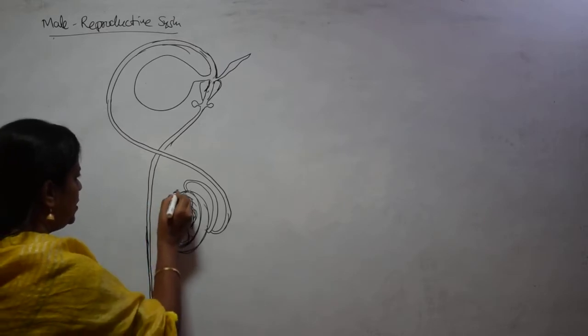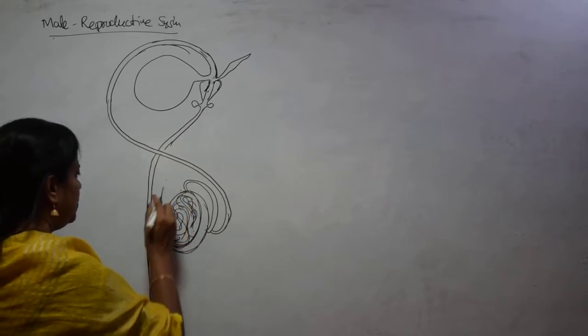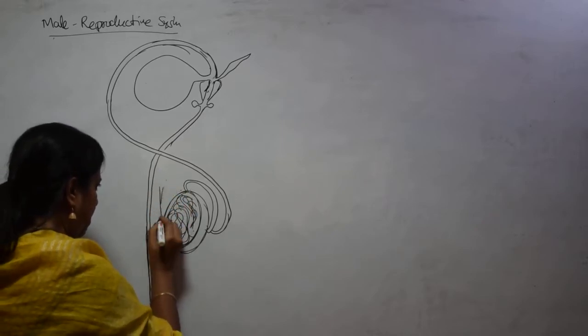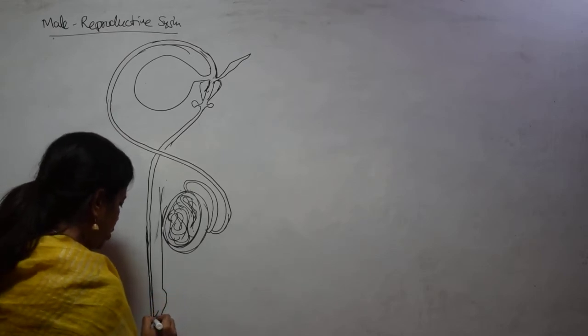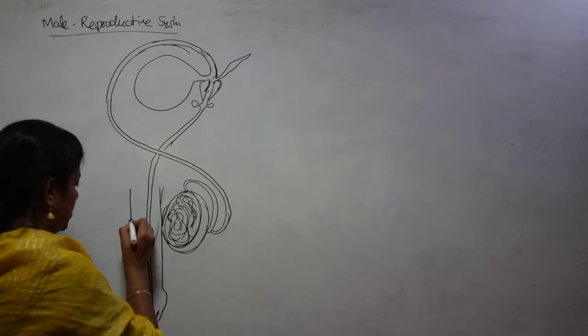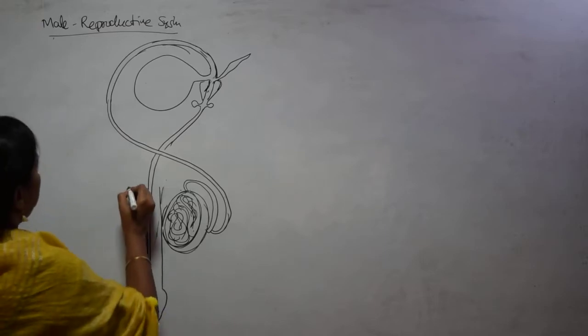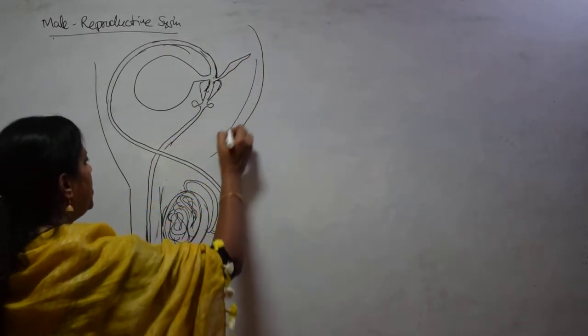This is the glans penis, the swollen portion at the tip, and here is the major part of the penis. Okay? So this is the front part and this is the back part of the male reproductive system.